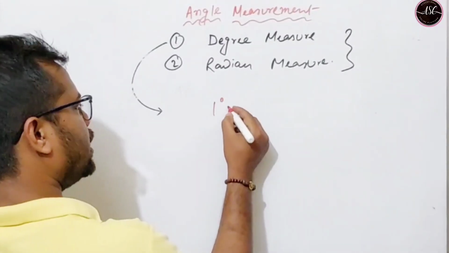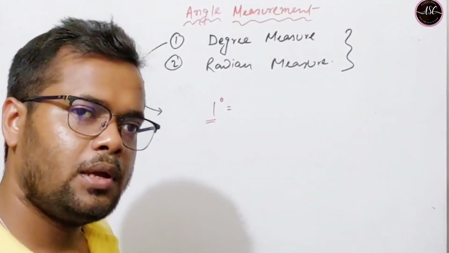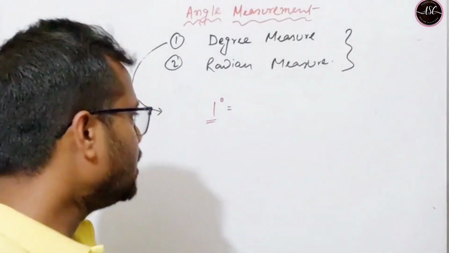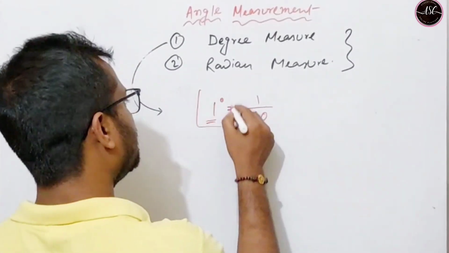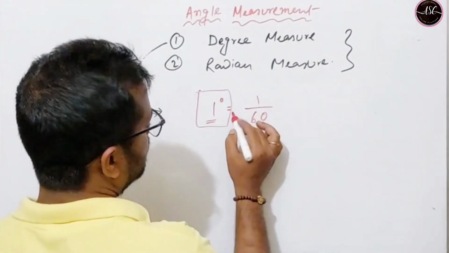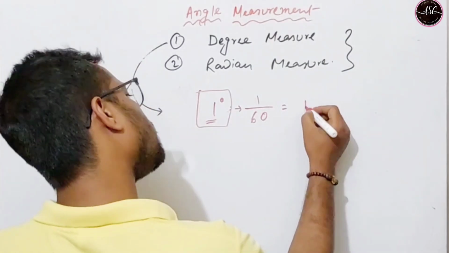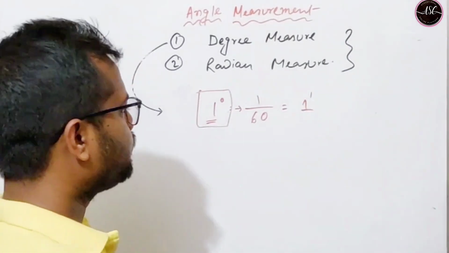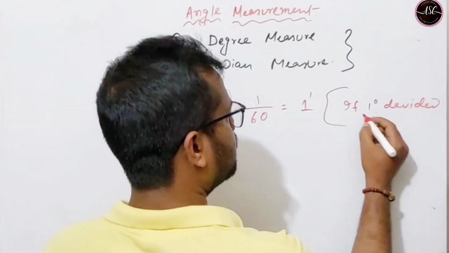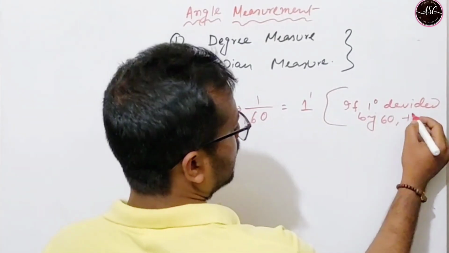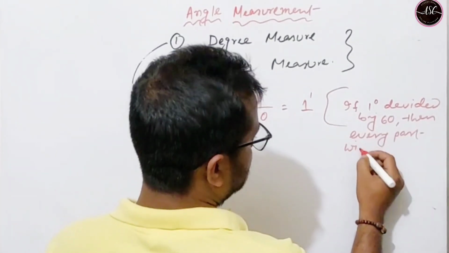We get 1 degree. If we divide 1 degree by 60, then every part will be 1 minute. That means 1 degree divided by 60 equals 1 minute.